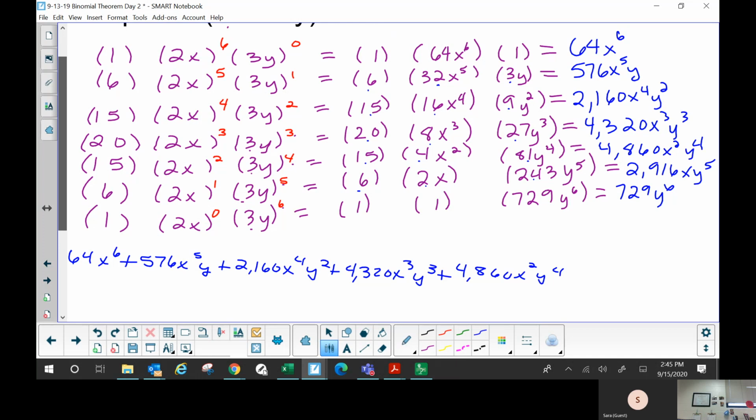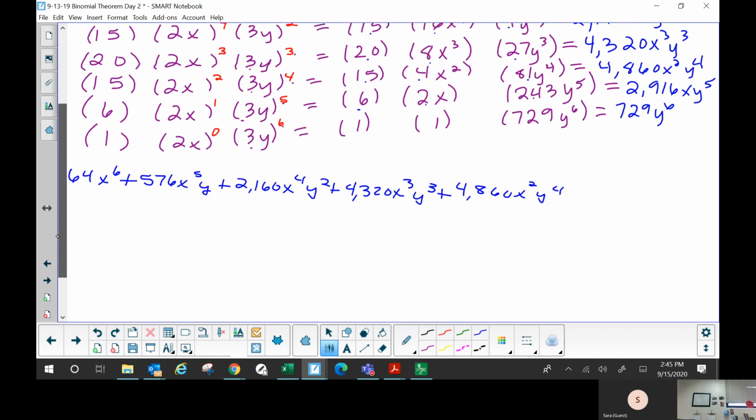Did I make a mistake? Okay. And then plus 2,916xy to the fifth plus 729y to the sixth. Almost got it, but it's all there. One big nasty problem. Okay.